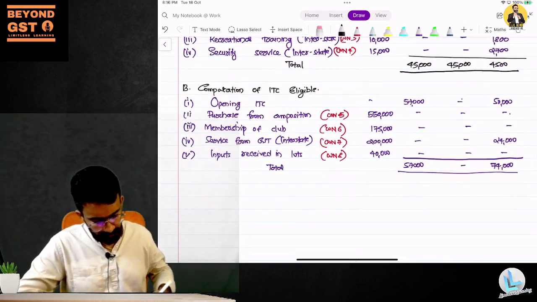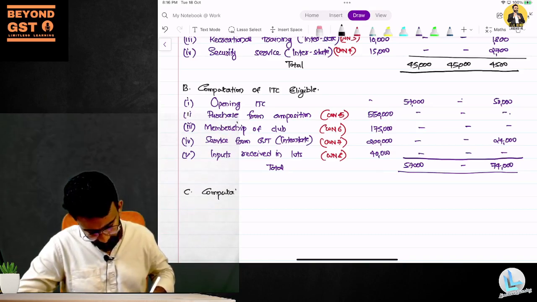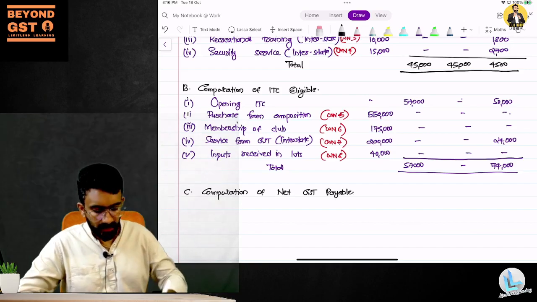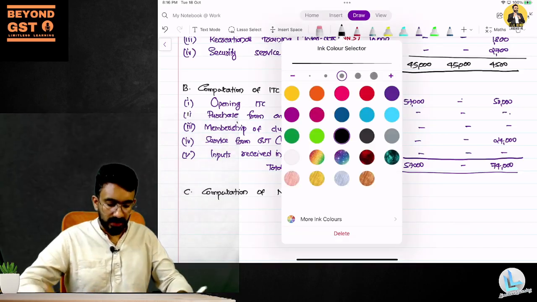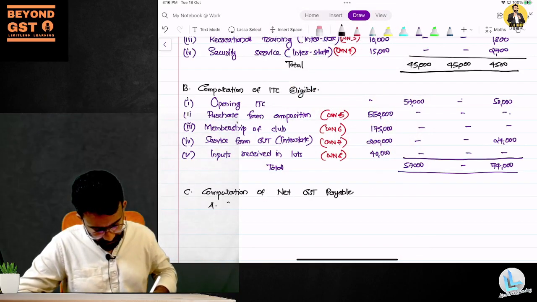Okay. Then part C, computation of net GST payable. What do we do? You need to compute minimum taxes payable or net GST payable. You can write it in any order. First, we will rewrite outward tax liability.